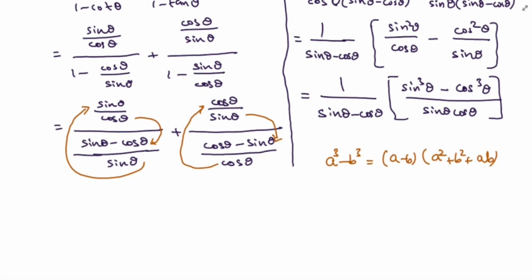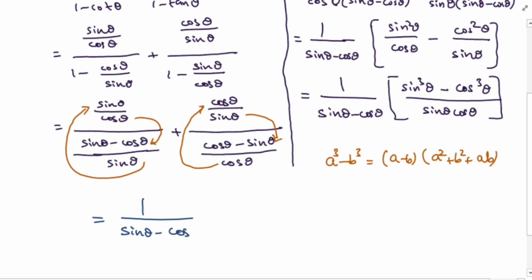So what happens, the next step is 1 divided by sin theta minus cos theta divided by sin theta cos theta.